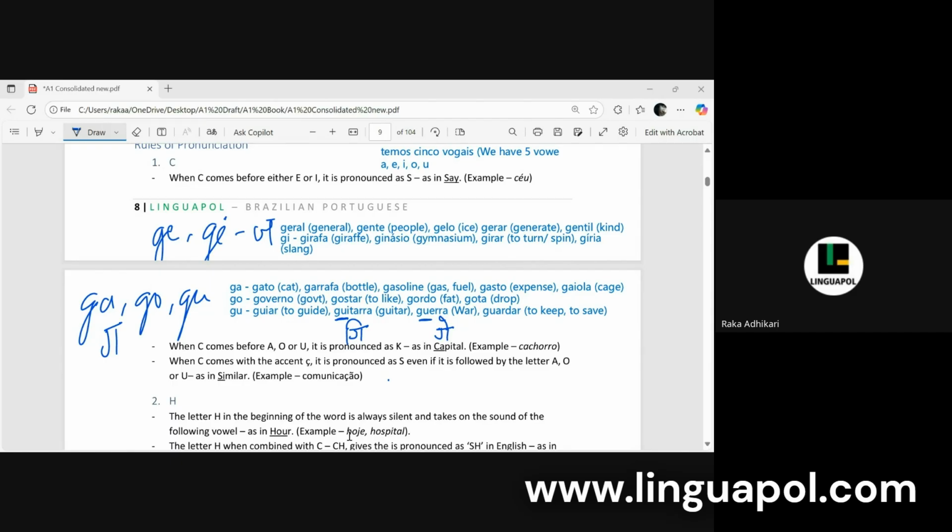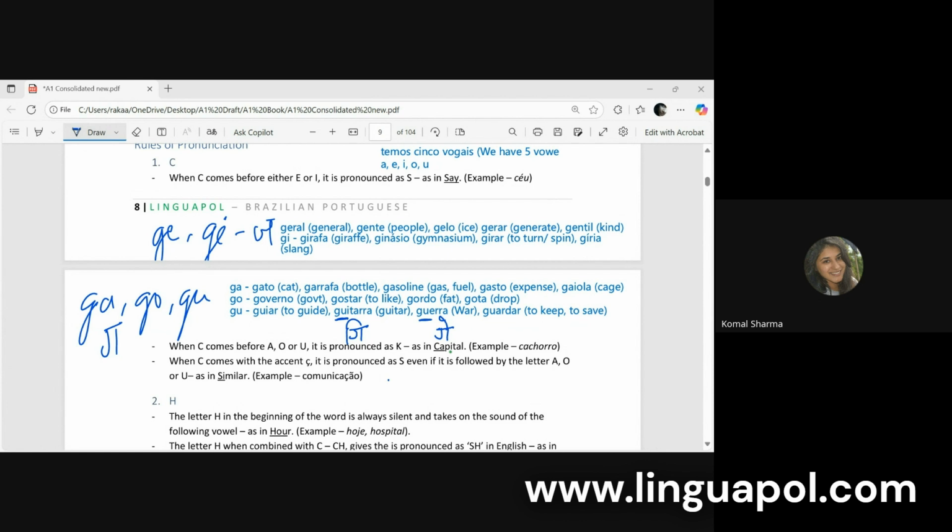Okay, so let's move on to the next letter after C and G. Anybody has any questions till now? Anyone would like to ask anything, any confusions you have regarding any particular word? Yes, Komal?